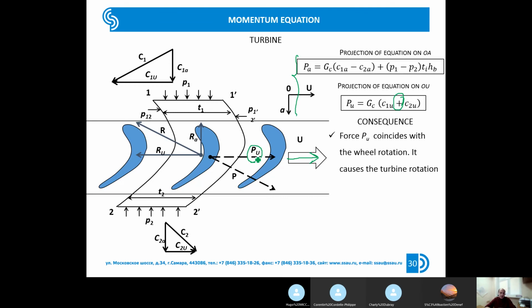In reality, it's a very interesting and really useful equation, because you can use it for calculating the gas forces which act on the blades, and you can use it during stress calculation. This equation explains why the turbine rotates, because we have force RU which rotates the blades.